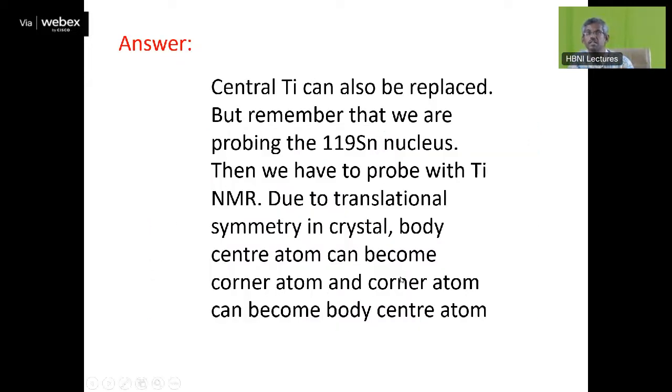So that is what I have written here. The central tin can also be replaced, but remember that we are probing the 119 nucleus. If you want to put titanium at the center, then we have to probe with titanium NMR. Due to translational symmetry in the crystal, the body center atom can become the corner atom and the corner atom can become the body center atom. So they are one and the same.